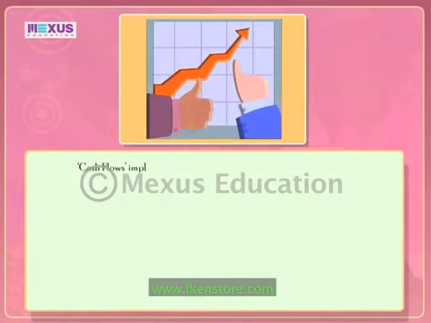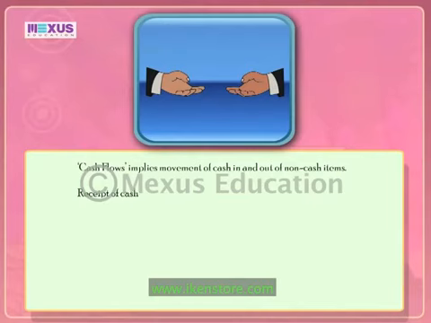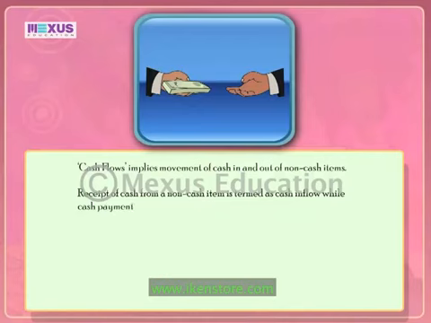Cash flows imply movement of cash in and out of non-cash items. Receipt of cash from a non-cash item is termed as cash inflow, while cash payment in respect of such items is cash outflow.